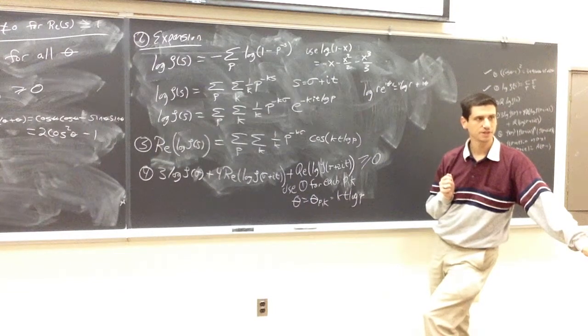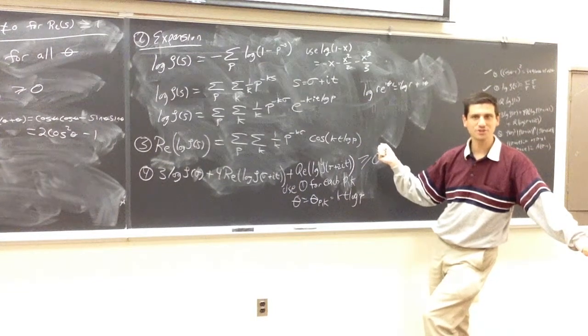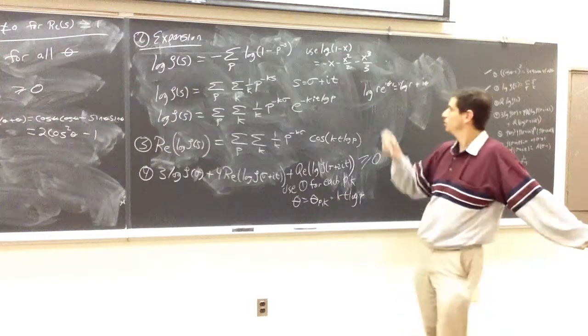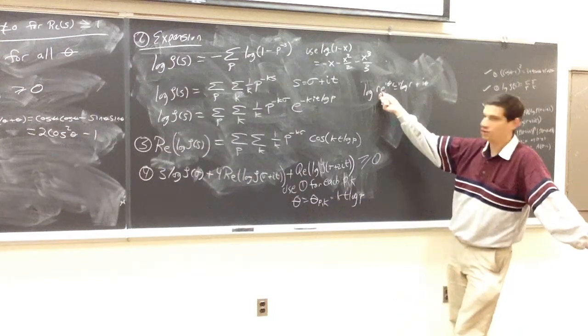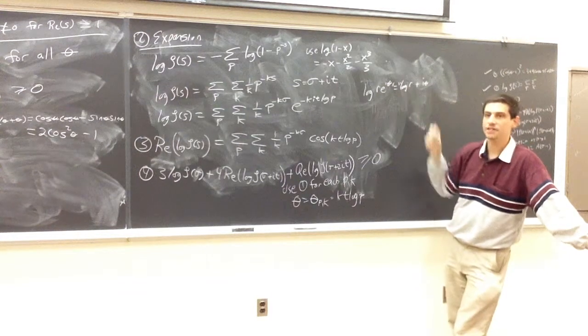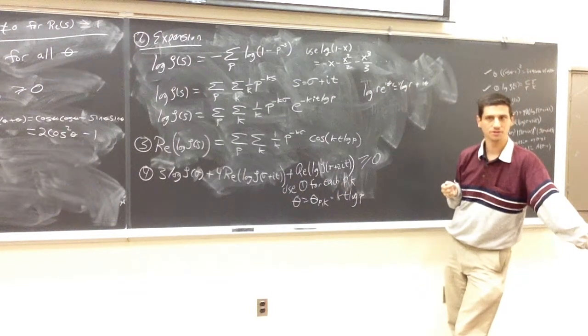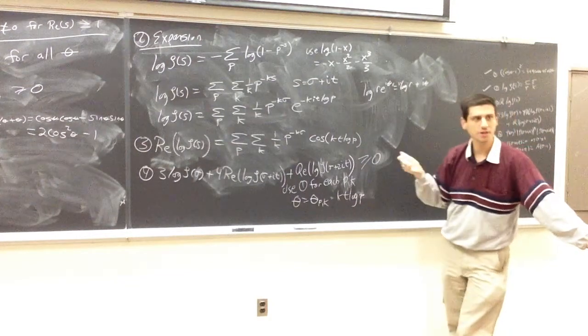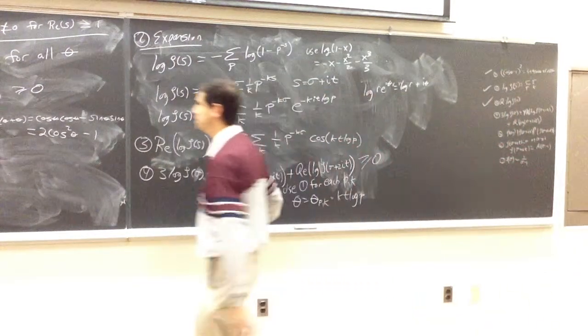Now the question is, why do we care that this combination is non-negative? If you take the logarithm of a complex number and look at the real part, that's basically its magnitude, up to exponentiation. So we can exponentiate backwards, and use this to get some information about the size of a product.